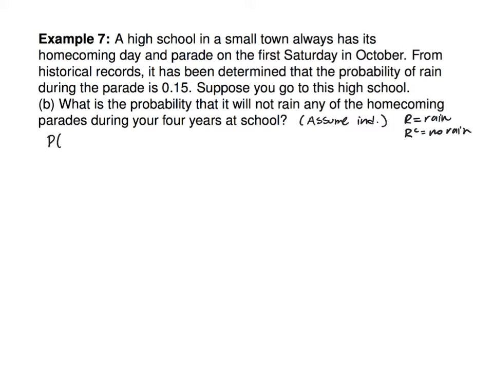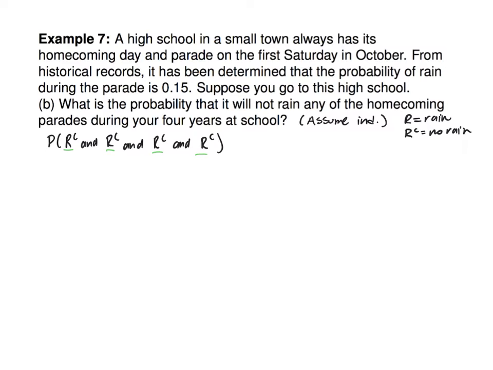So we want the probability of no rain and no rain and no rain and no rain, like no raining 4 times. You see how this is 1, 2, 3, 4 independent events.